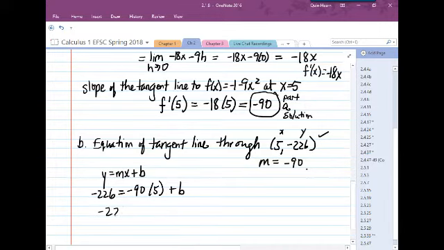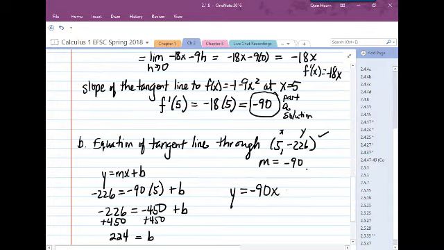So that gives us that negative 226 is negative 450 plus b. Adding 450 to both sides, this is going to give us 224 for b. So that means that our equation is y equals negative 90x plus 224.